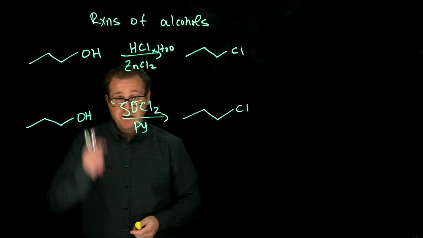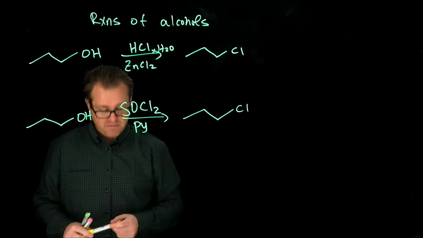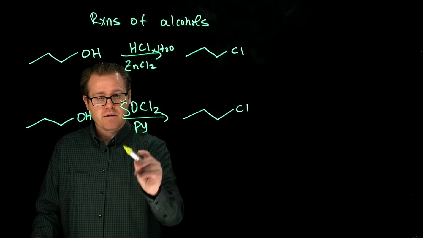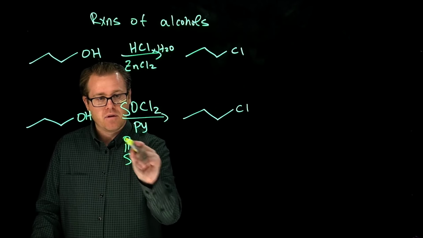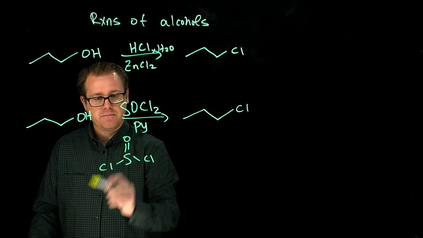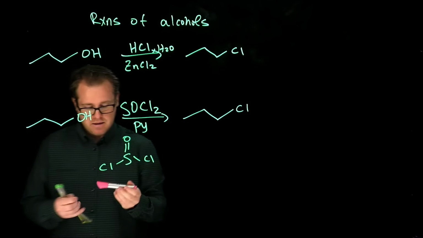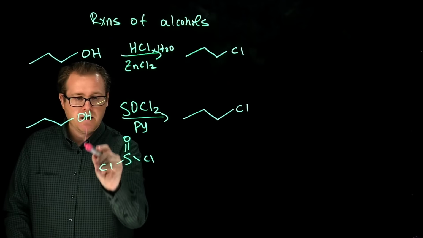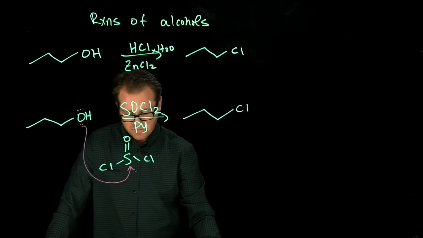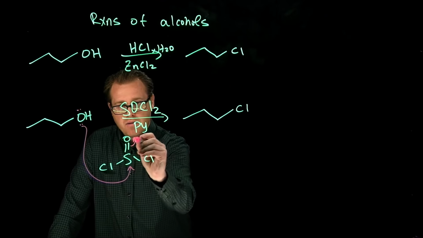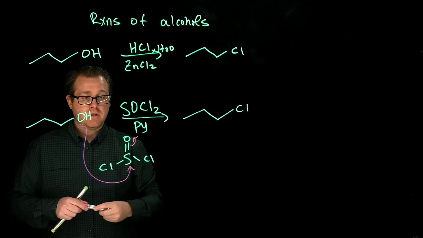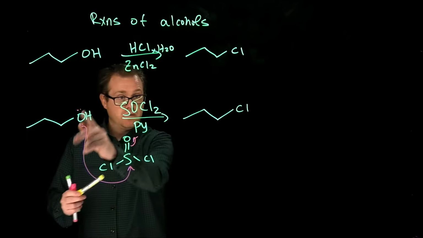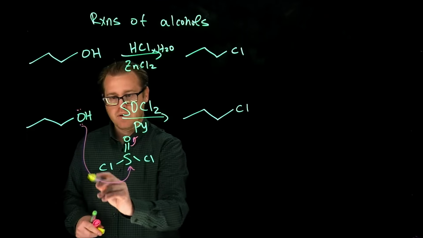And so that different reagent, let's take a look at it mechanistically, what's happening here. So I'm going to take thionyl chloride right here and expand it out. And the first step in this mechanism is the alcohol is going to come in, attack the sulfur like so, and that's going to then break that sulfur oxygen double bond.